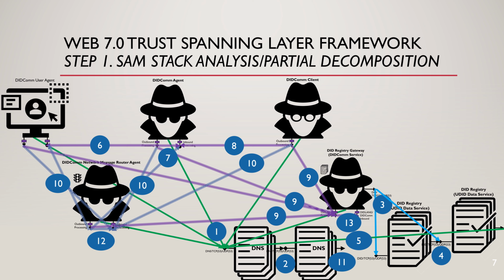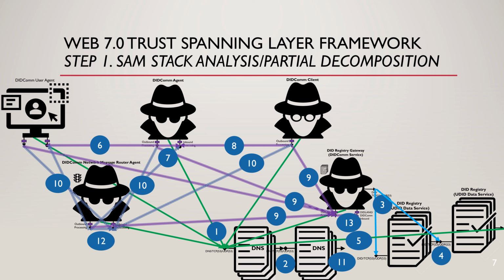The purple lines represent conventional DIDComm communication paths, and the similarly shaded blue lines, numbered 10, those are specialized DIDComm protocol connections to support message forwarding. You can see that they move in and out of the agent nearest the number 12. That's the DIDComm network message router agent.